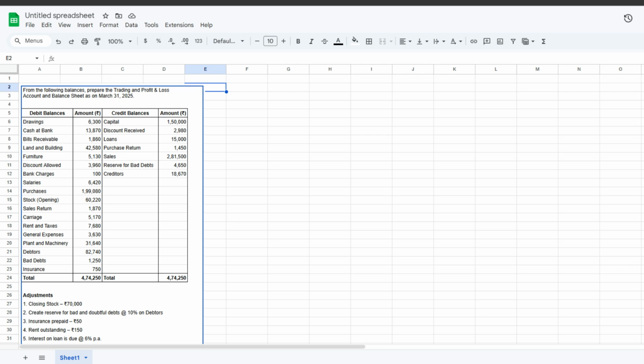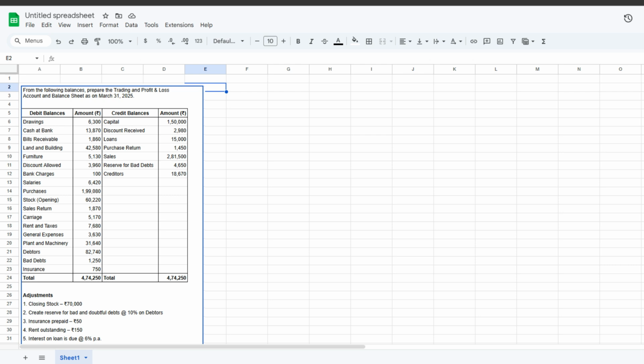Debit balances: Drawings 6,300, cash at bank 13,870, bills receivable 1,860, land and building 42,580, furniture 5,130, discount allowed 3,960, bank charges 100, salaries 6,420, purchases 1,99,080, opening stock 60,220, sales return 1,870, carriage 5,170, rent and rates 7,680, general expenses 3,630, plant and machinery 31,640, debtors 82,740, bad debts 1,250, insurance 750.